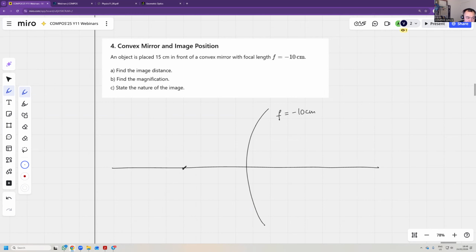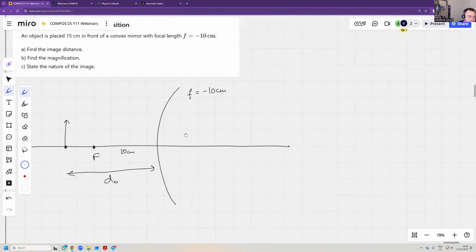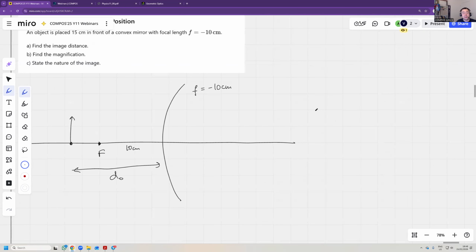So this is the focal distance, so that's 10 centimeters. And you're placed here. This is the object. So this is DO. And we write the equation of the mirror.